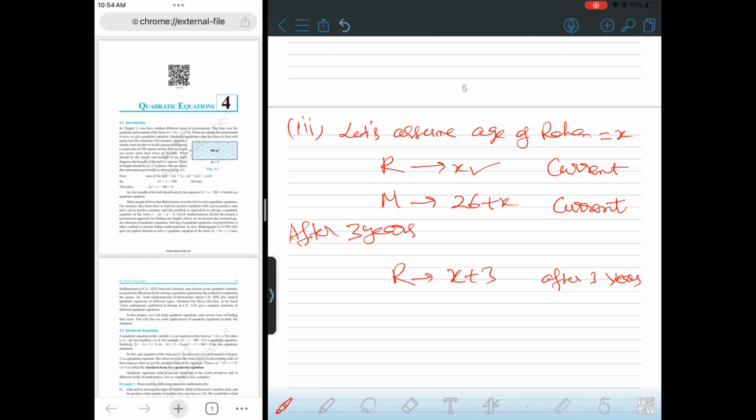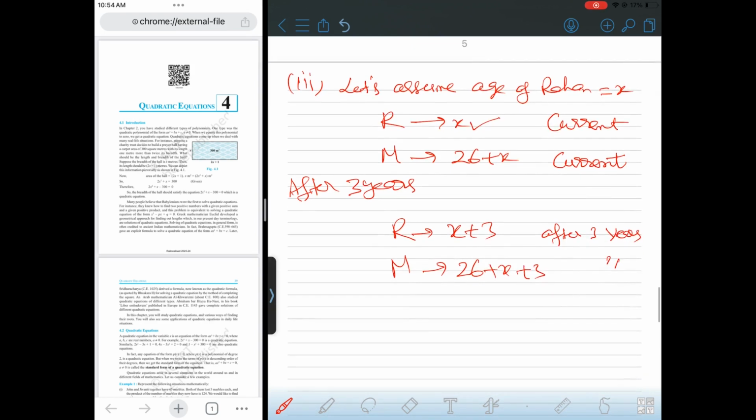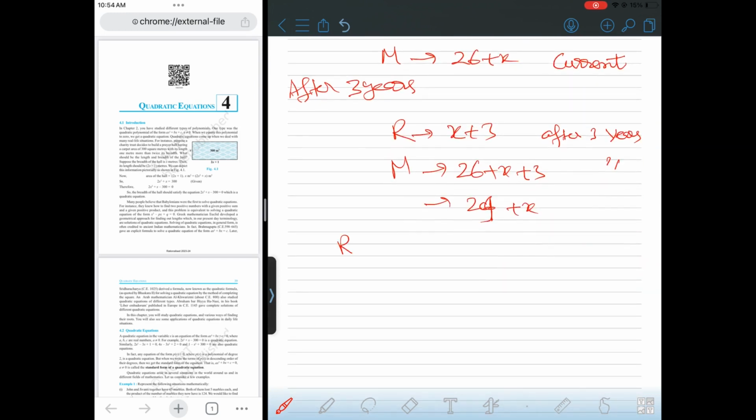Similarly, her mother will also grow older. So her age will be 26 plus X plus 3 after 3 years. So mother's age will be 29 plus X. So now we have got the age of Rohan after 3 years is X plus 3, and mother's age is 29 plus X.